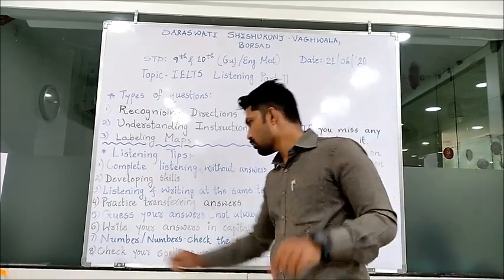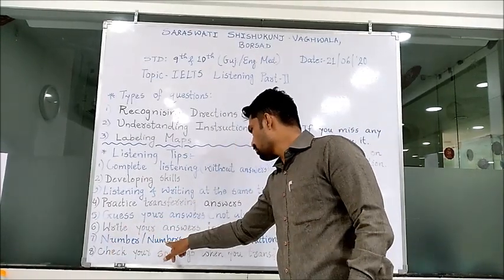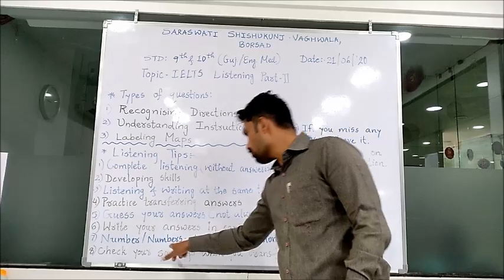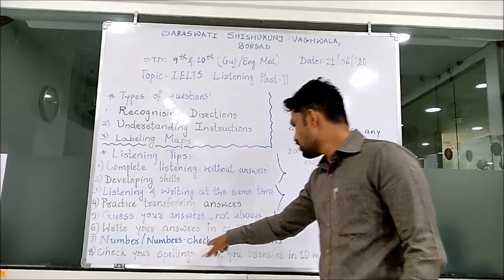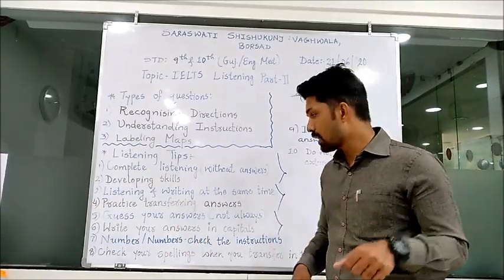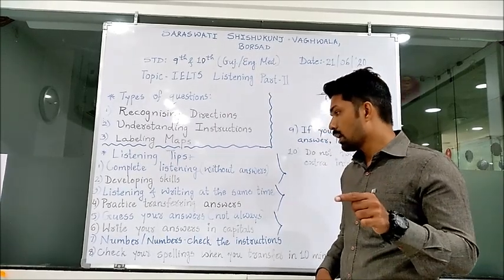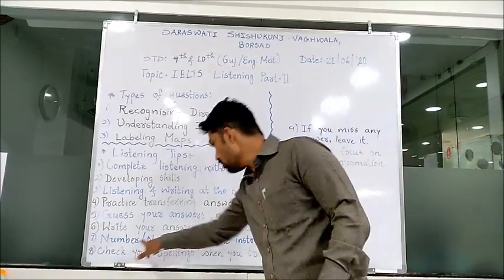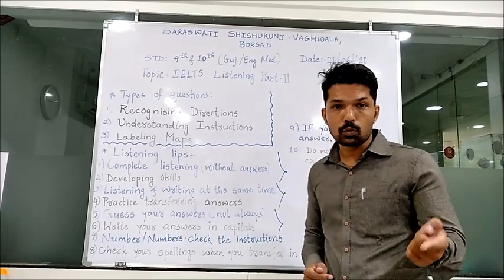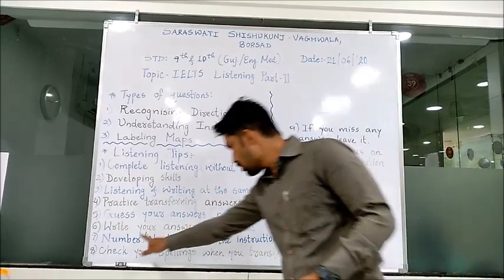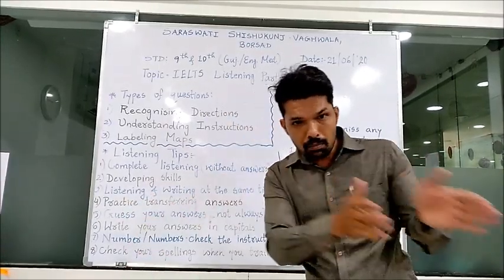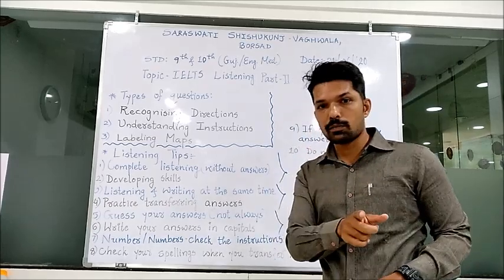Next tip that I would like to give you is number and numbers, or you can say number or numbers, then check the instructions. You have to check the instruction and find out whether it says number or numbers. If it says number, and you write more than one number, your answer will be wrong.